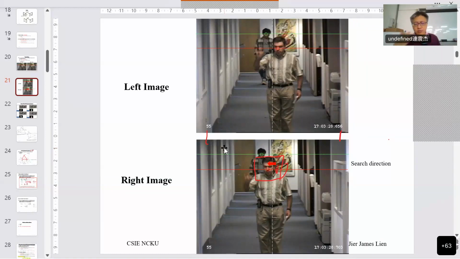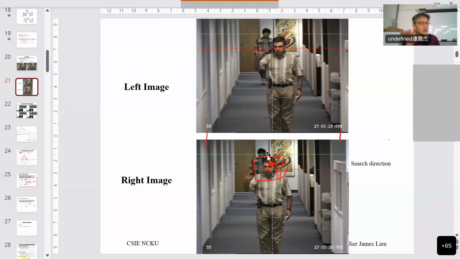So usually we will give you the information about the baseline, and also the search range. Sometimes it's 16 pixels, 32 pixels, or 64 pixels. What I mean is, from this point, you search 64 pixels.